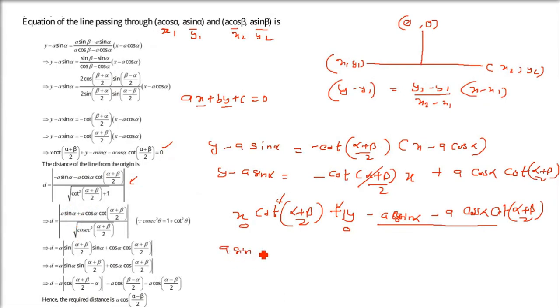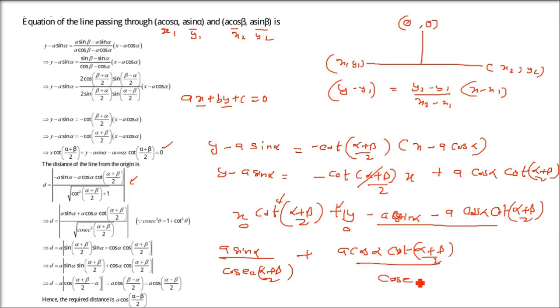Let me tell you again, a sin alpha by cosec alpha plus beta by 2, and this plus a cos alpha cot alpha plus beta by 2 by cosec alpha plus beta by 2. Okay, so we are taking it up. Cosec will go up and what does it make?